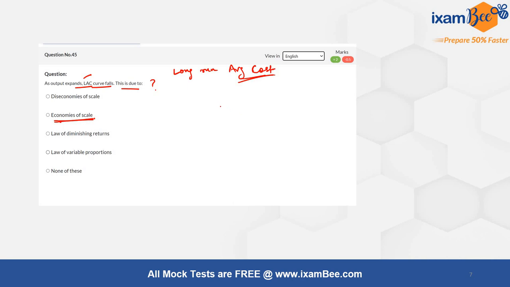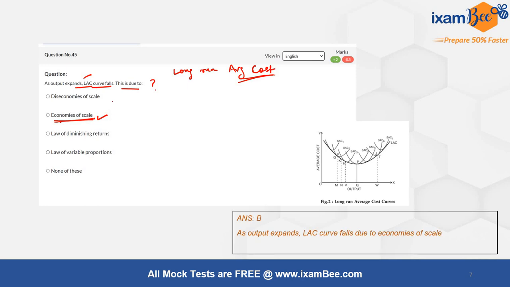The curve is a U-shaped curve. It is an envelope of all the short-run average cost curves, and on the left portion of the curve you have economies of scale operating, and on the right portion you have diseconomies of scale. So when this curve starts falling, this is because of economies of scale. The right answer is option B.